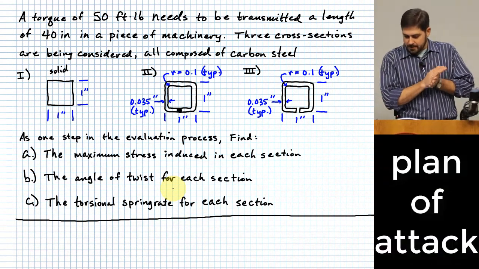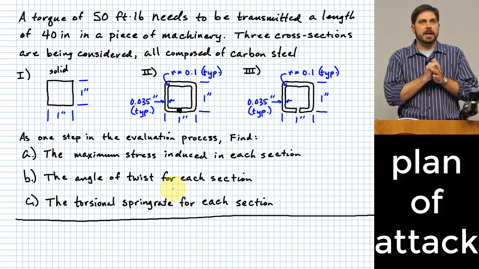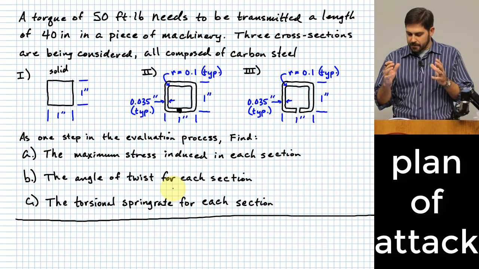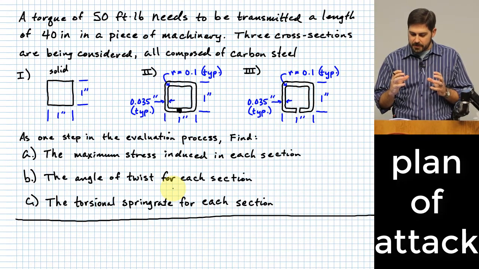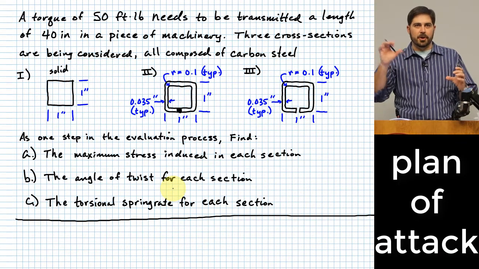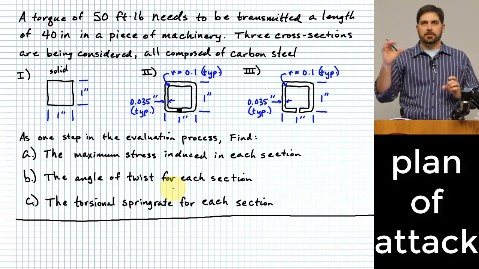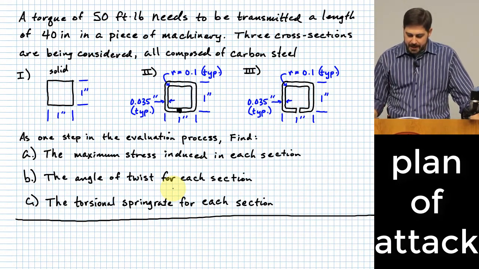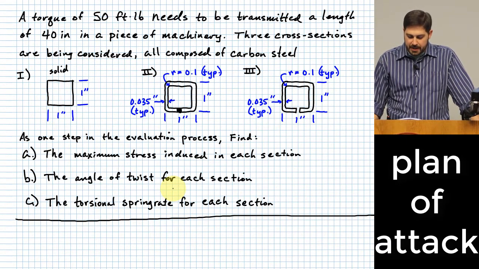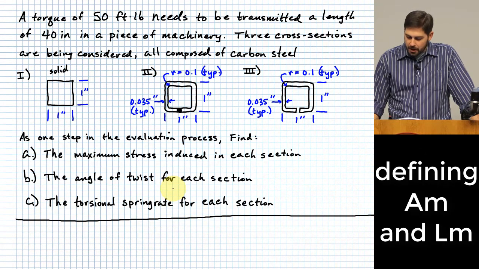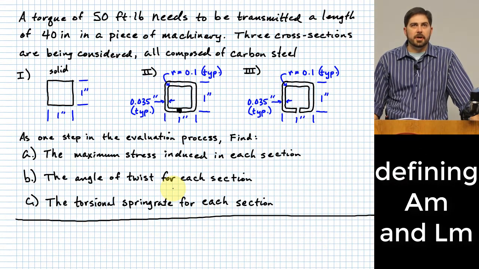All right. So let's get going. What I'm planning on doing here is evaluating A, B, and C. I'll start with A and do all 3 cross sections. Then I'll go to B and do all 3 cross sections. C, all 3 cross sections. Looking a little bit ahead before I start doing calculations on stress, there are 2 things we're going to need to know.